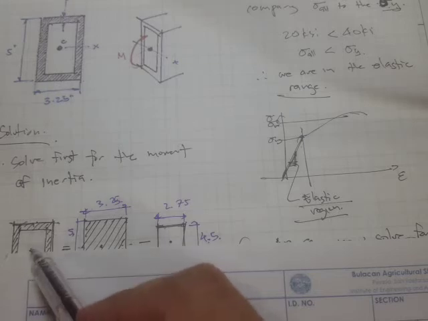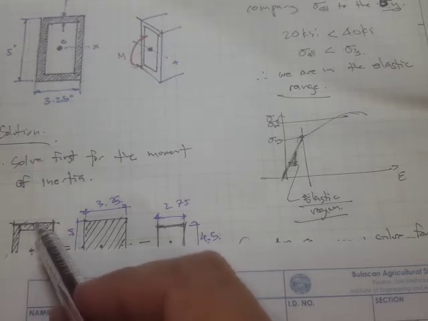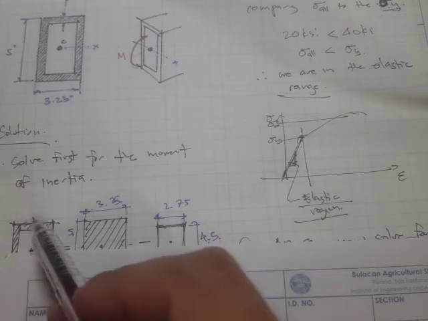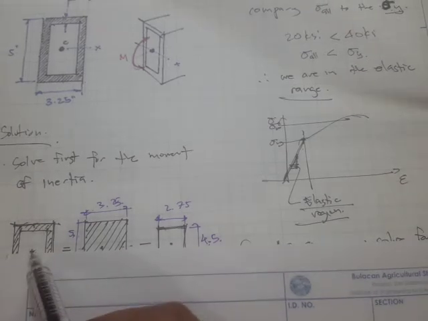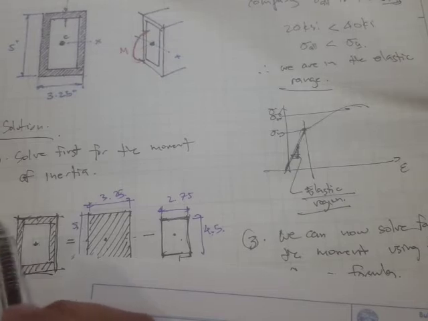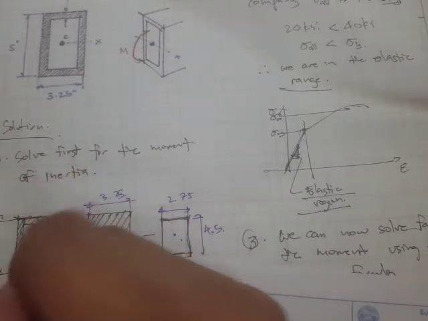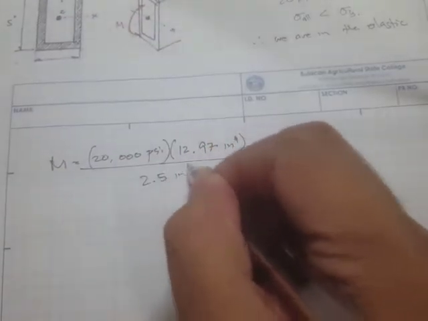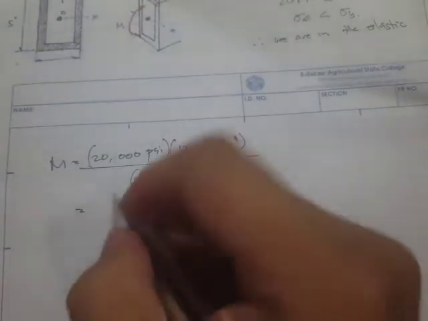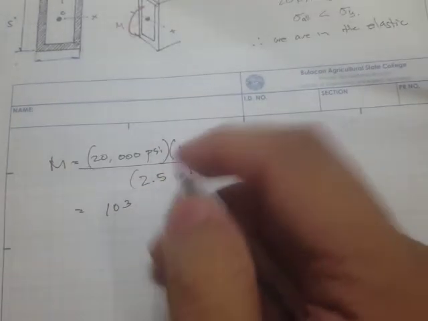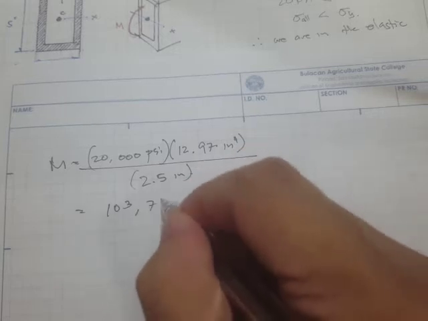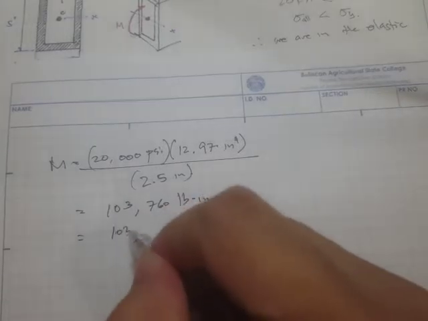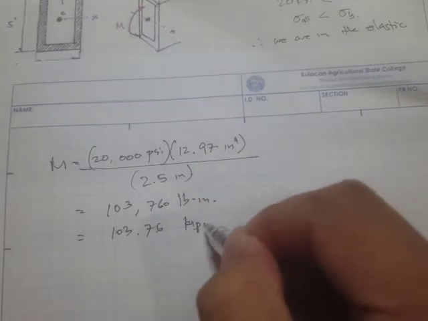That simply means it's where the maximum stress is, and that relates to the maximum moment as well. So the distance from the centroid to the outermost fiber, if this is 5, then half of 5 would be 2.5 inches. And this one would be 103,760 pound-inch, or in terms of kip-inch, this is 103.76 kip-inch.